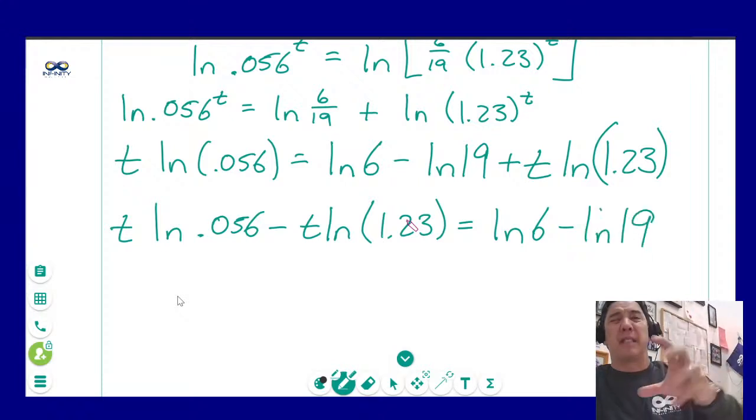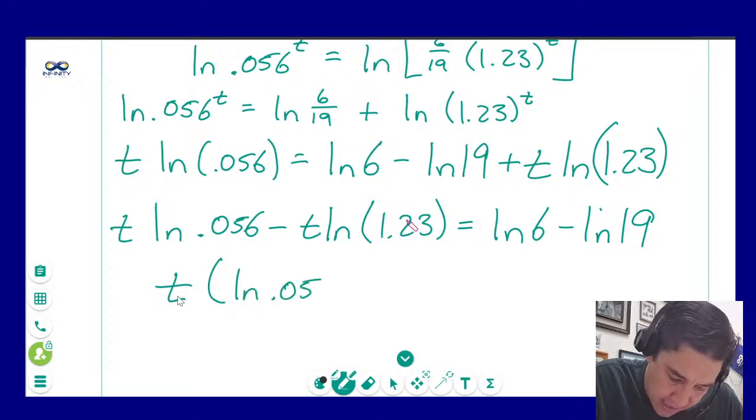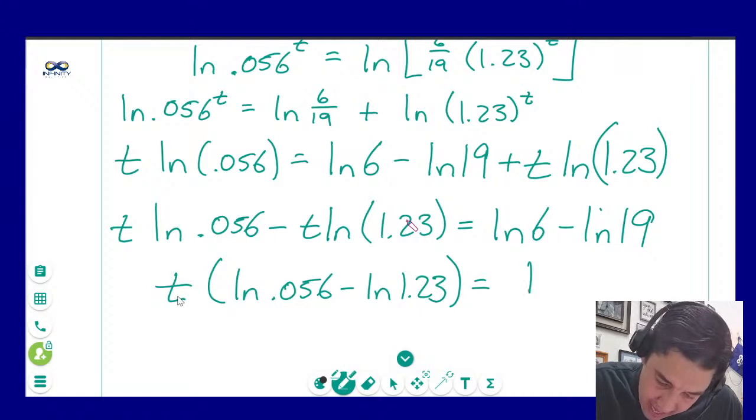I'm thinking I probably shouldn't have broke those up. We'll see what happens. So I'm going to factor out the t, natural log of 0.056 minus natural log of 1.23 is equal to, and I'm going to do the same step to the right side next, the natural log of 6 over 19.